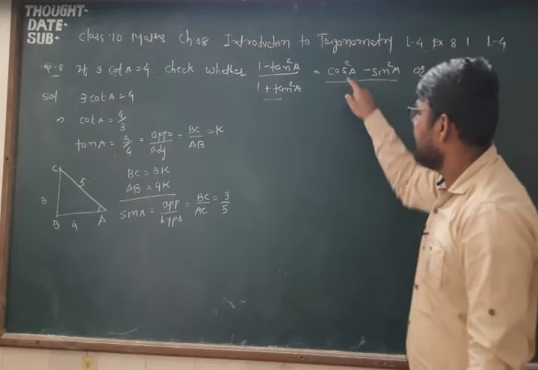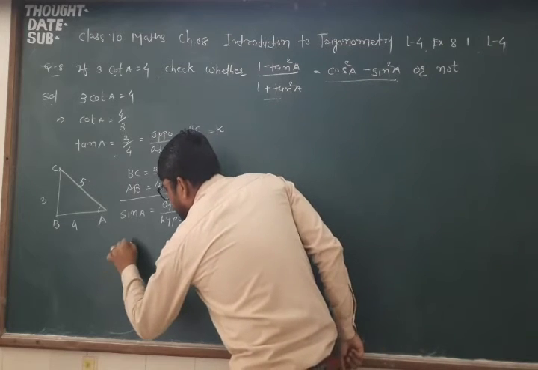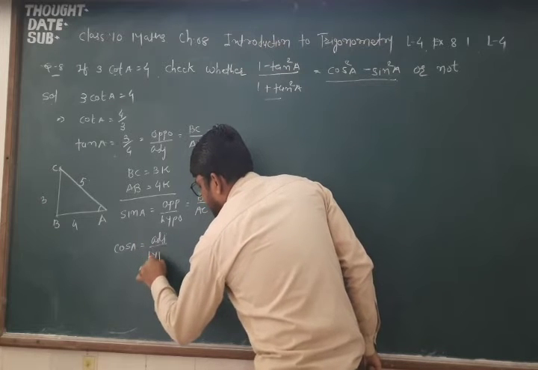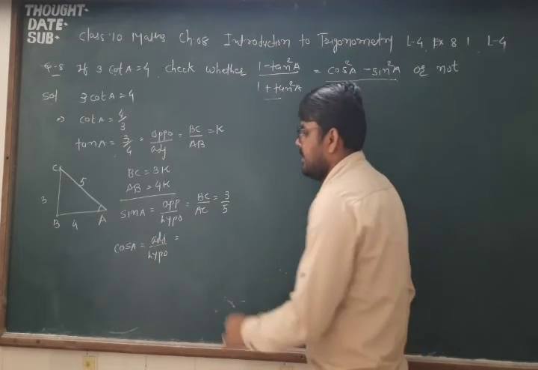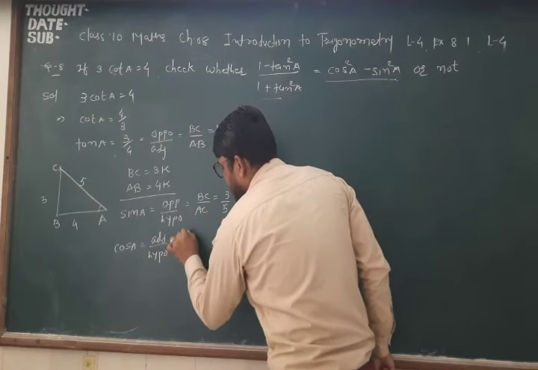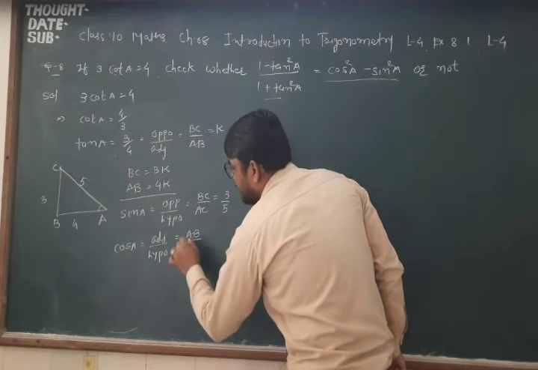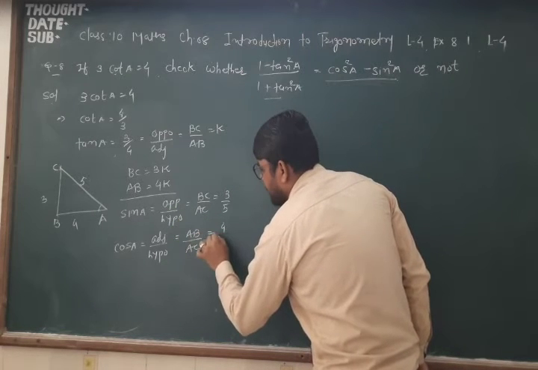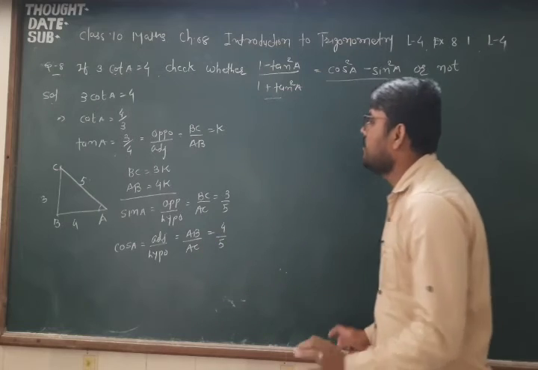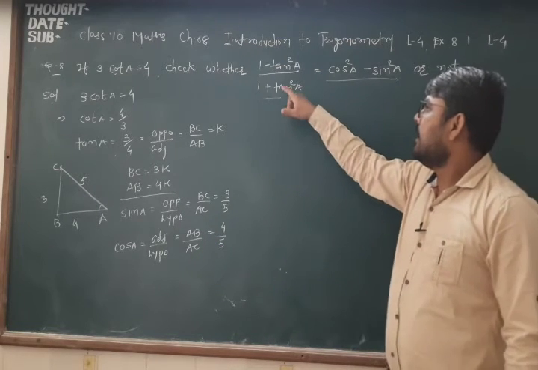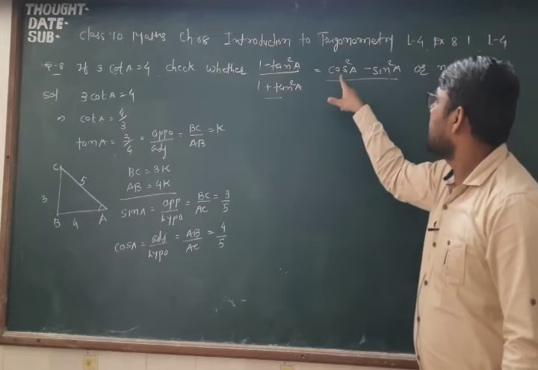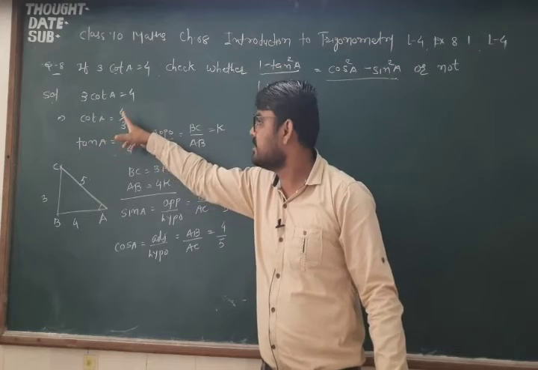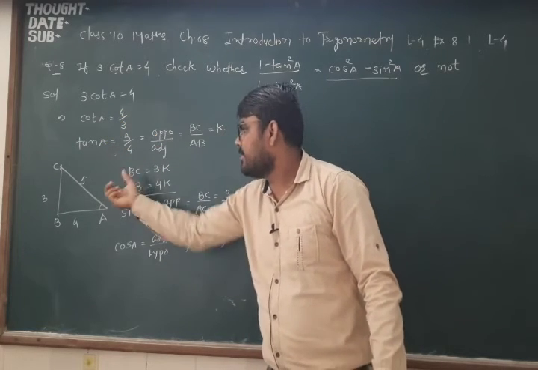Okay, still I need cos A. Write down here, cos A equal to adjacent by hypotenuse. Then adjacent will be AB, hypotenuse will be AC. What is AB? That will be 4, and AC will be 5. Okay friends, so I got all the values that I required. Tan, cos and sin. Look at here, tan I got directly from cot because both are inverse, and sin and cos I got from the right angle triangle.